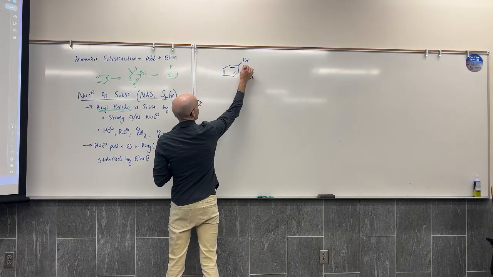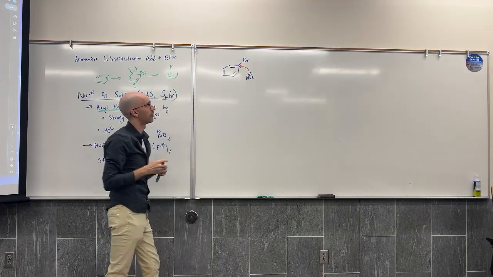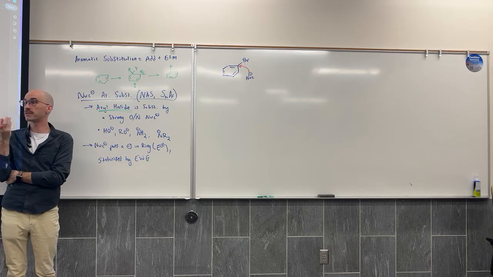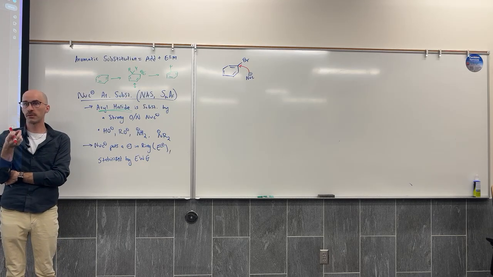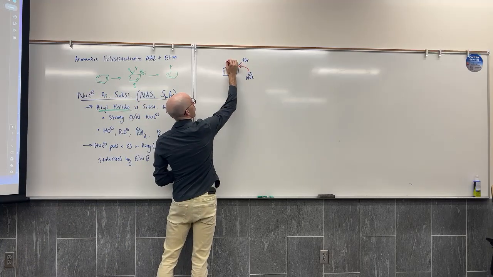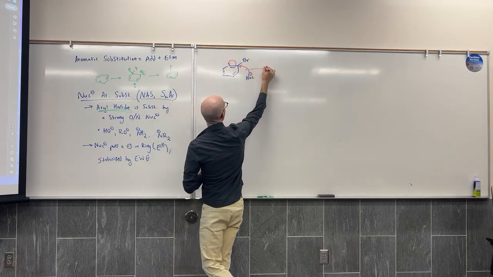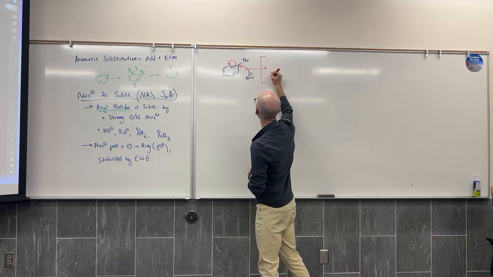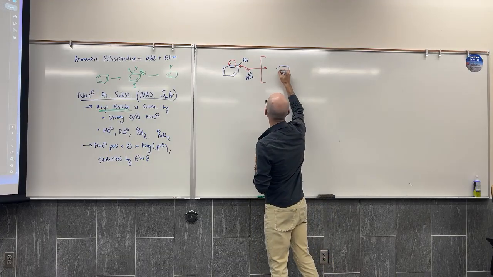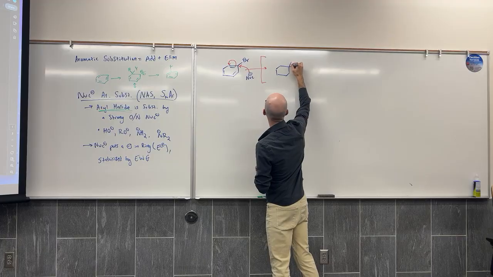The nucleophile attacks the carbon where the partial positive is the greatest. It attacks the partial positive carbon bonded to the halogen, breaks the pi bond into the ring, and creates what is called a sigma complex.